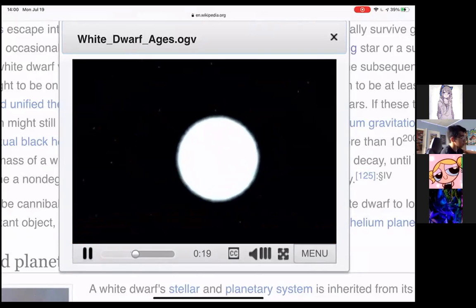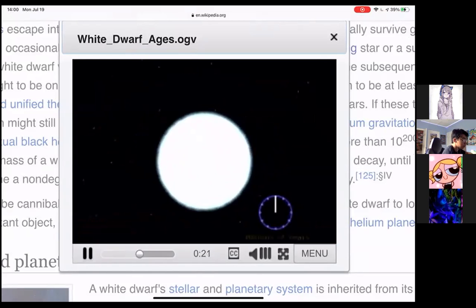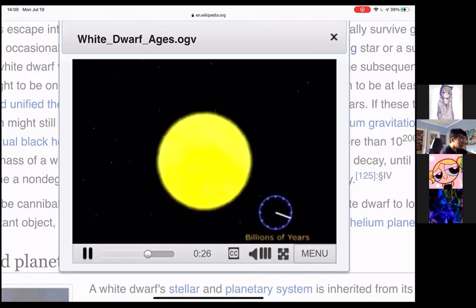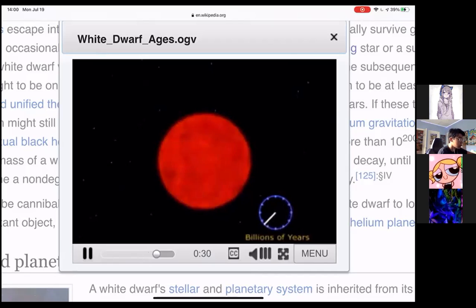And this is what shows a white dwarf as it ages. It starts out as a really, really bright white ball, and over time it begins to lose energy and gets redder and redder and redder as it becomes cooler and cooler and cooler.